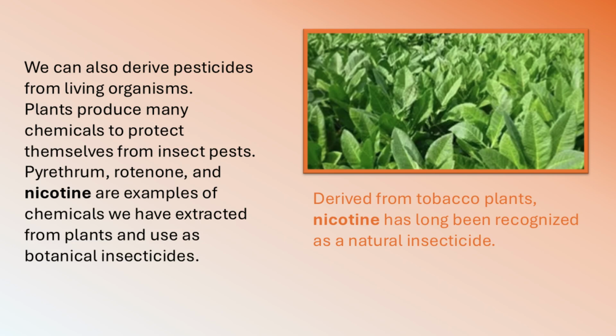We can also derive pesticides from living organisms. Plants produce many chemicals to protect themselves from insect pests. Pyrethrum, rotenone, and nicotine are examples of chemicals we have extracted from plants and use as botanical insecticides. As you can see on the right, derived from tobacco plants, nicotine has long been recognized as a natural insecticide.